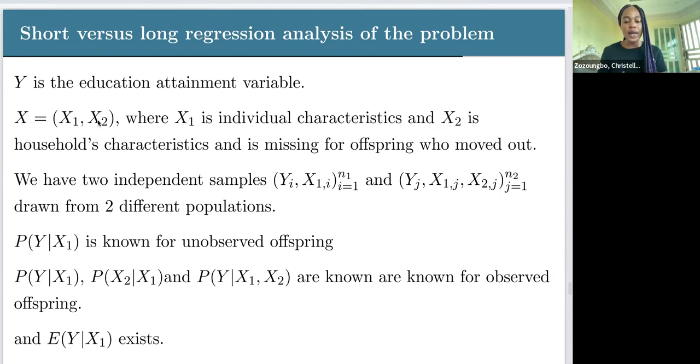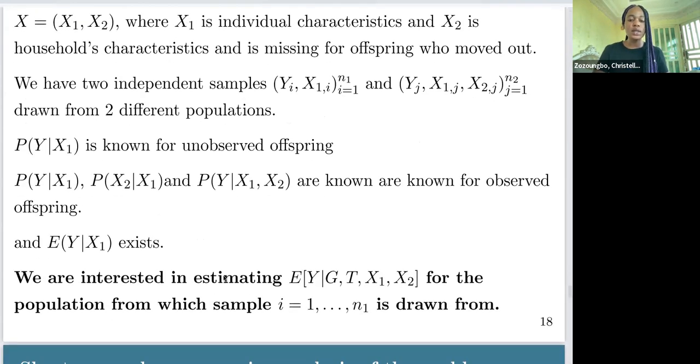But the other thing that I have that was not in the existing literature is that the joint here, P of Y given X1 and S2, is known for the observed siblings. So I have two possibilities here, since I'm interested in estimating this long regression for this sample.